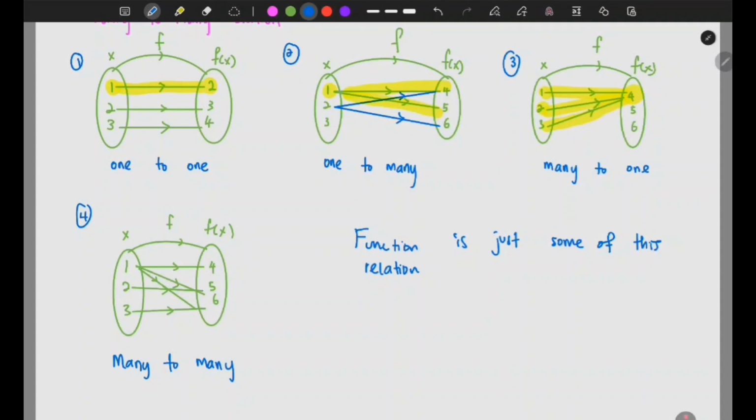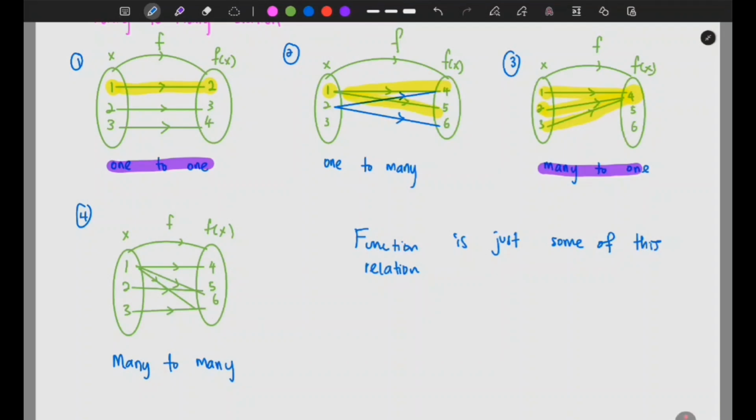So for function, there are only 2 from this relation, which are 1 to 1 and many to 1. These 2 are the only ones considered function. 2 and 4 are not considered function. Okay, so 1 and 3 only.